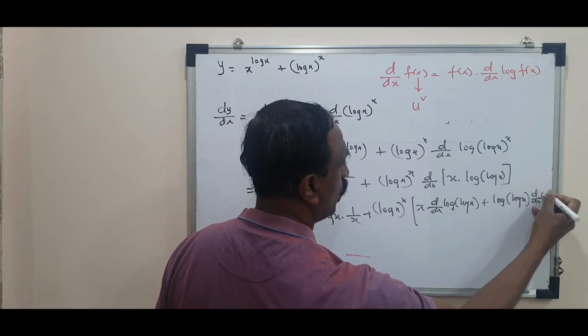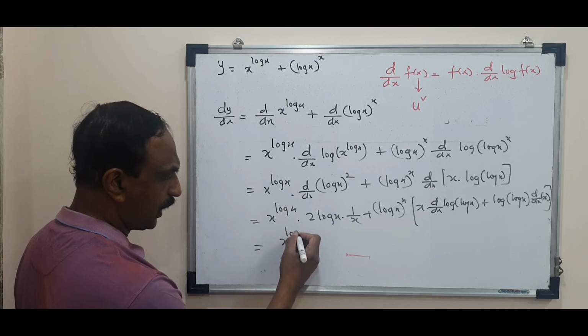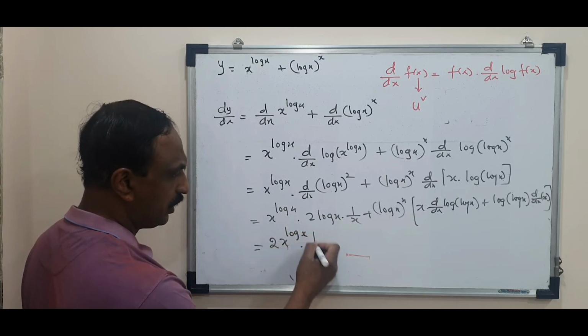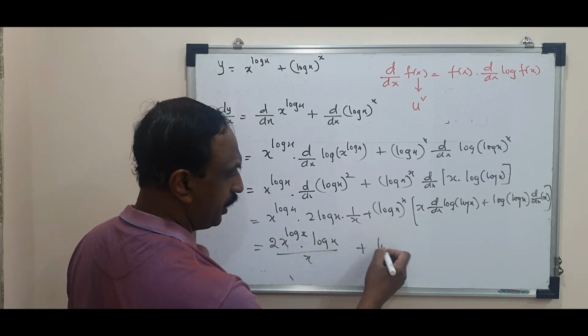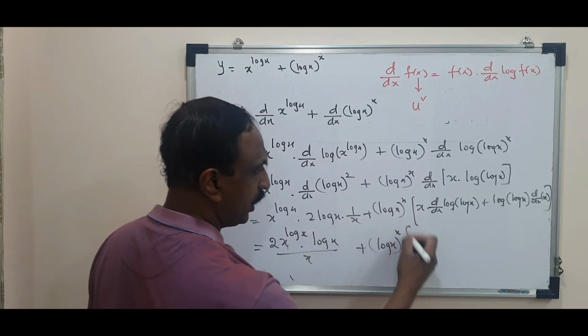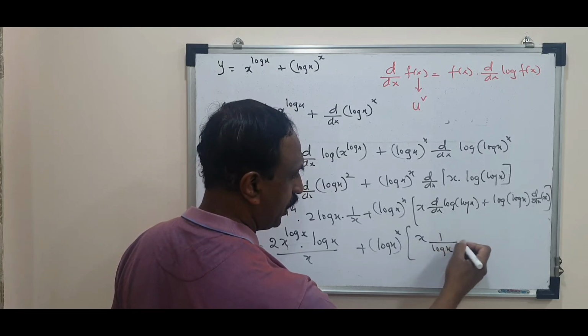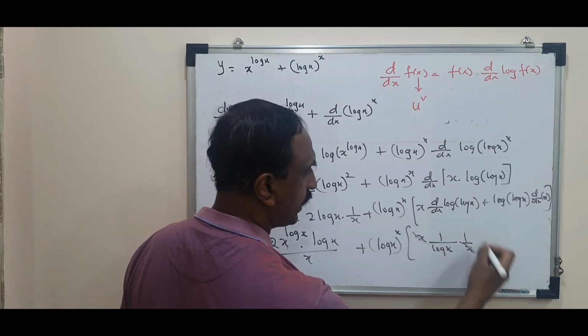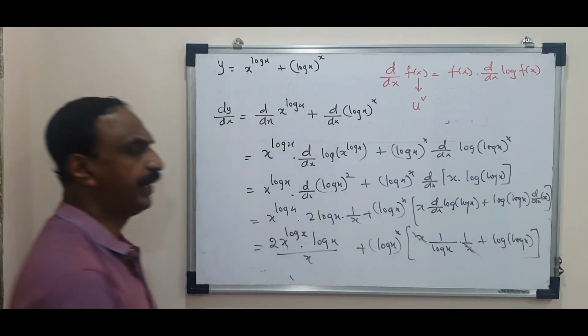Now since we have done this all 2-3 times, I'm going to write my answer directly. x raised to log x into 2 times log x upon x plus log x raised to x into x into 1 upon log x into 1 by x. They both will get cancelled and here you'll get log of log x. So that gives you my final answer.